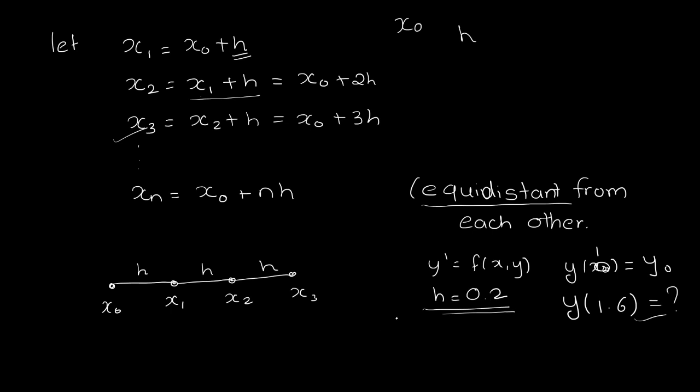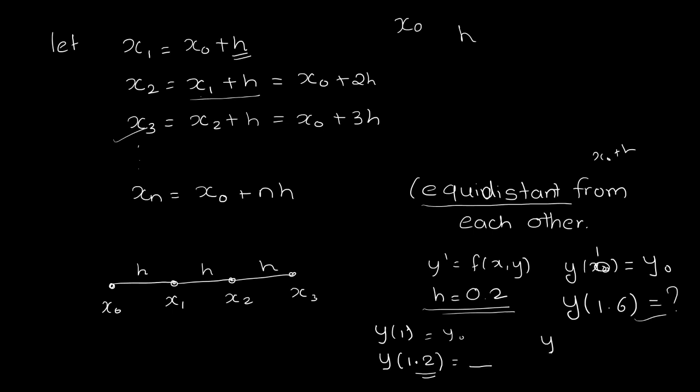Okay, so y of 1 is given, so you will consider that, then you will find y of 1.2, that is x1, which is x naught plus h, that is 1 plus 0.2.